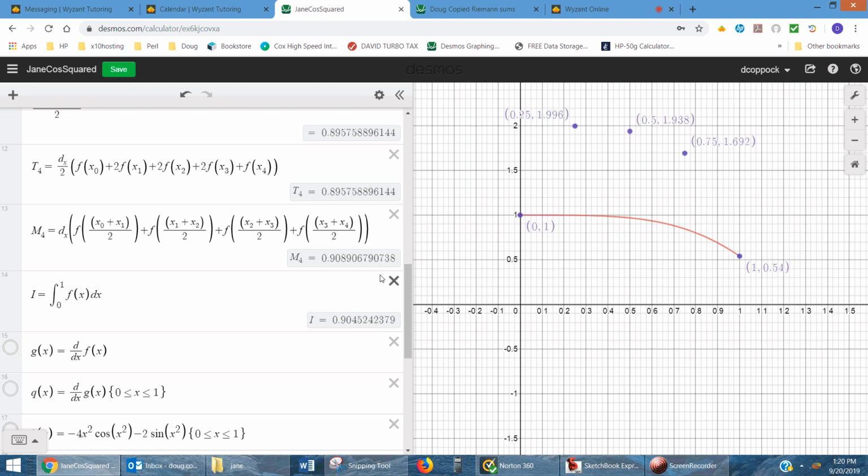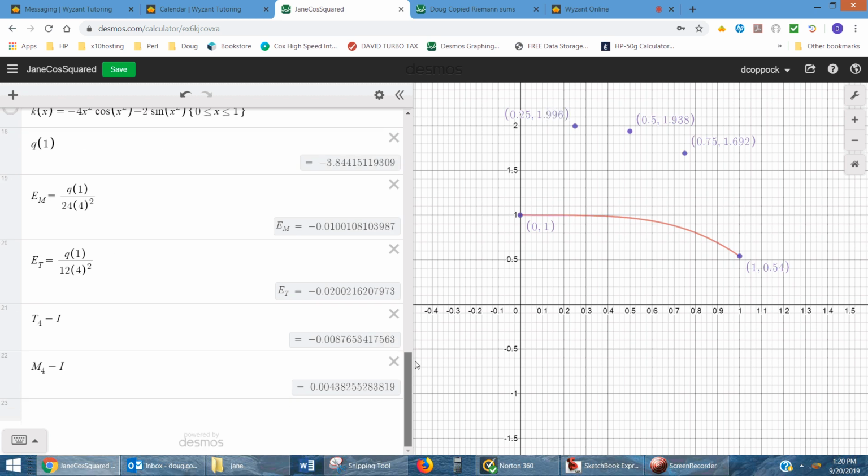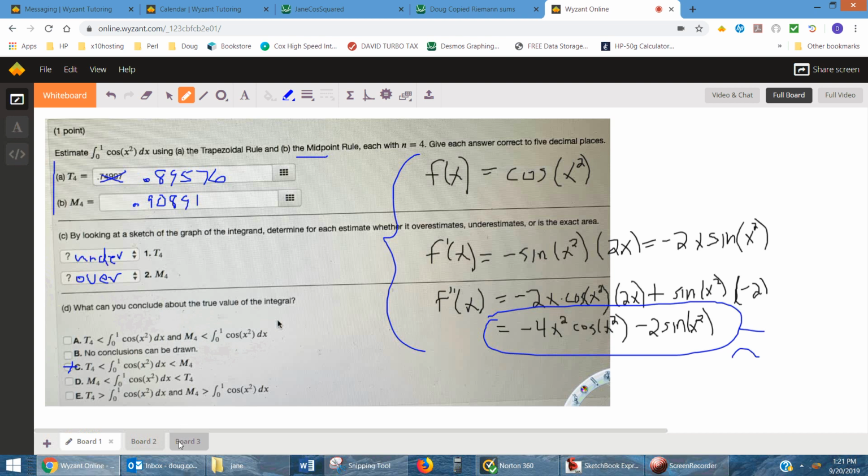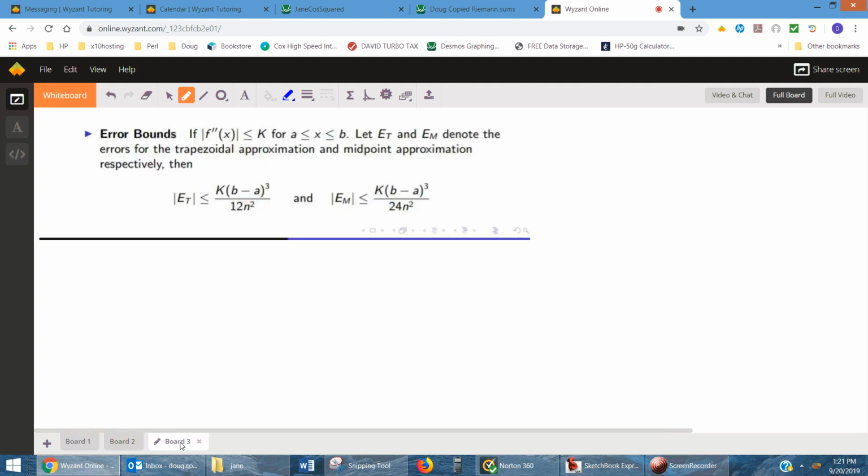And that's an overestimate. And I did go to the trouble to evaluate these error conditions. And I want to go back to Desmos and go to board 3 and talk about this error bound deal.